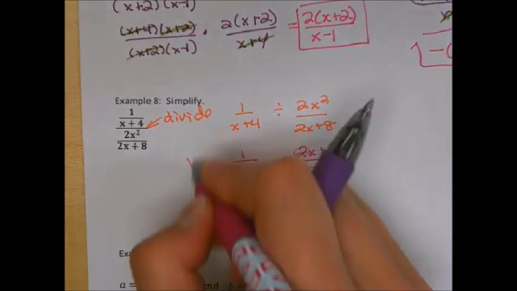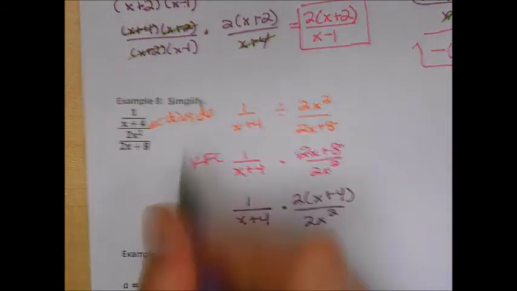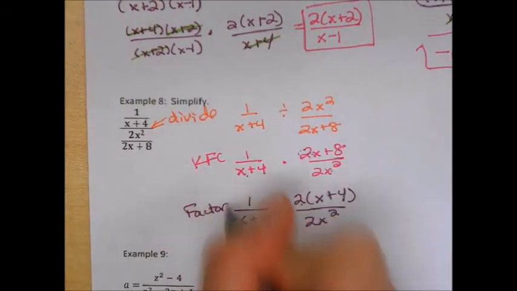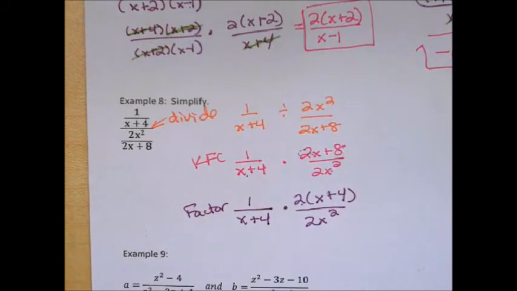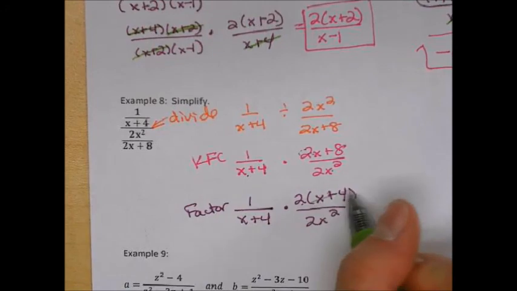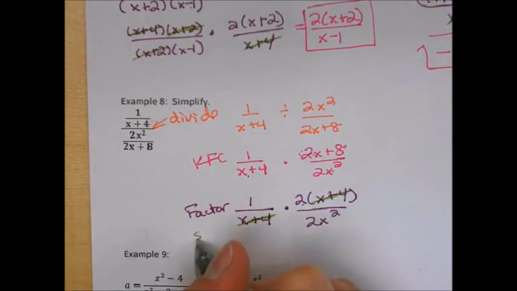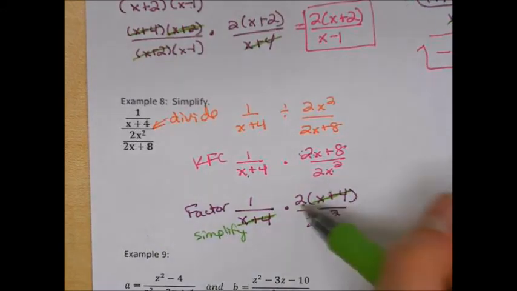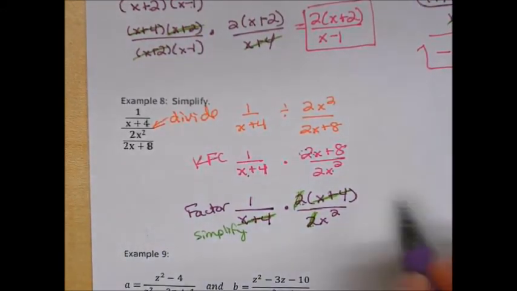So remember, we keep, flip, change, factor. Now we're going to simplify. I have an x plus 4 and an x plus 4, so we're on the simplifying step. I have 2 divided by 2. What's left?